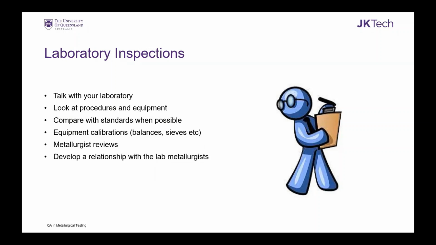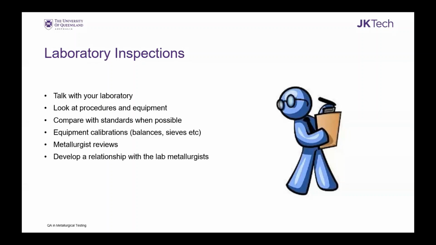I would suggest another important thing that clients do is know the laboratory that you're sending your samples to. Talk with your laboratory, visit them if you can, look at their procedures and their equipment, and discuss with them how well their procedures and equipment match up to any standards that are there.